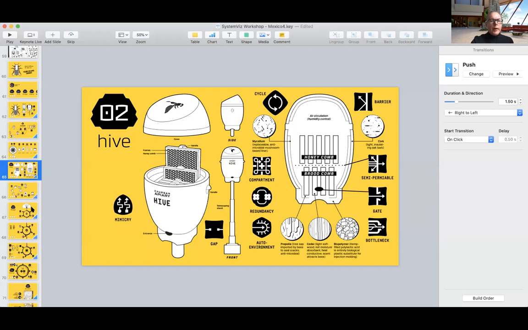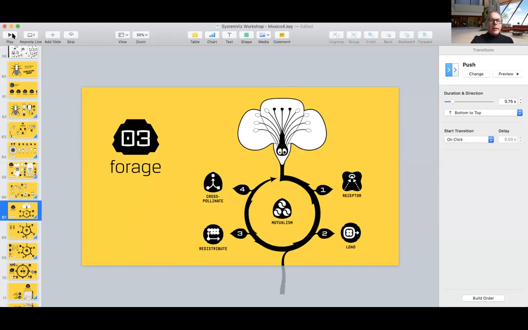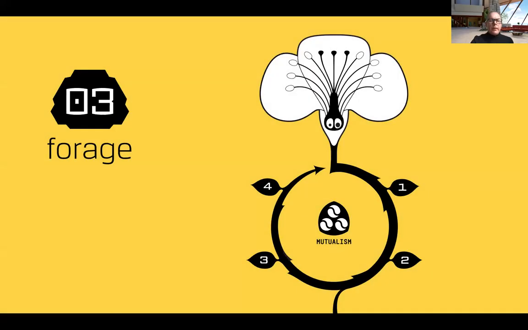And there are two other things that I wanted to point out. One is that if we think about the processes that a hive produces, we see some very interesting system dynamics. The bee will go out to flowers in order to collect nectar and pollen.